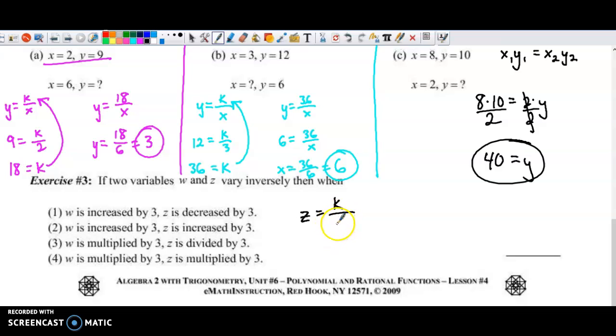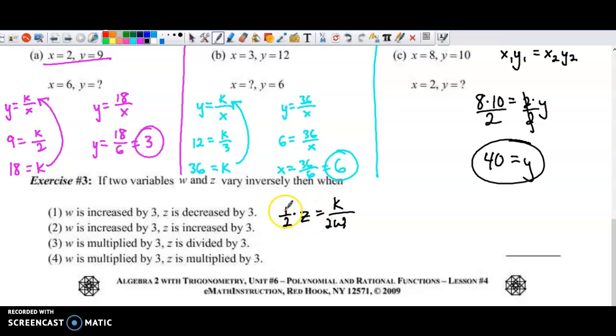But what this means, if we set up the problem this way, is if we increase w by a certain amount, z gets divided by more. I'm trying to think of another way of thinking of it. Let me put it this way, if we double w, we can't just put a 2 in here. We would have to multiply this other side by 1/2.